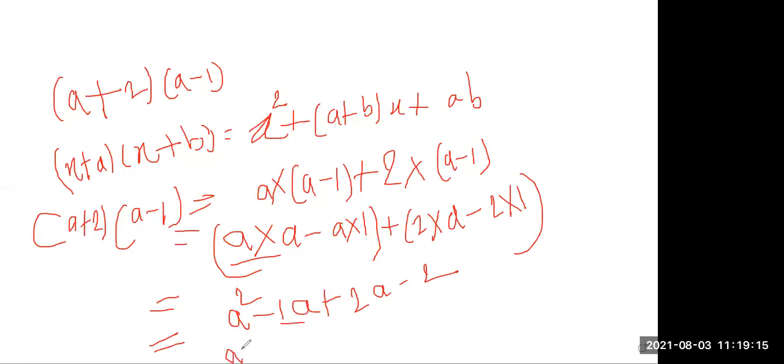So we can write a square. Now minus plus, 2 minus 1 will give 1. But here 2 has the positive sign, it's the bigger number, so we write a. 2 minus 1 is 1, so instead of 1 we write that letter, and minus 2.